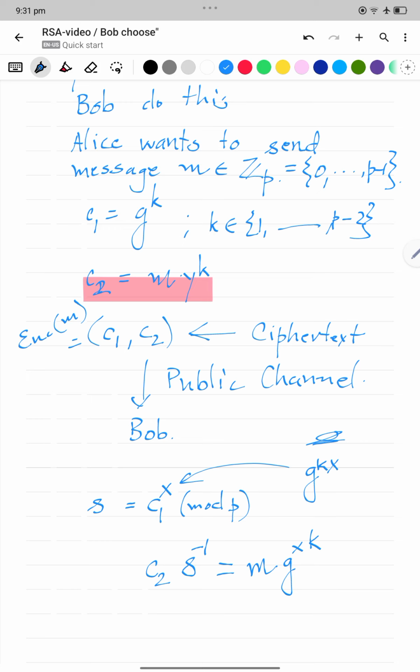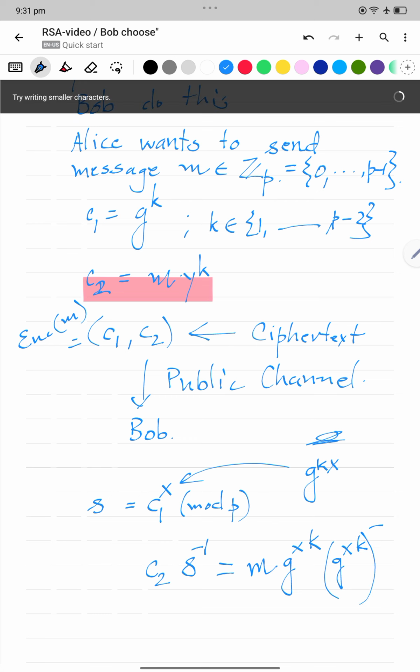So if I take the inverse, for some reason the bracket is not working, I don't know why, but you understand what I mean to say.